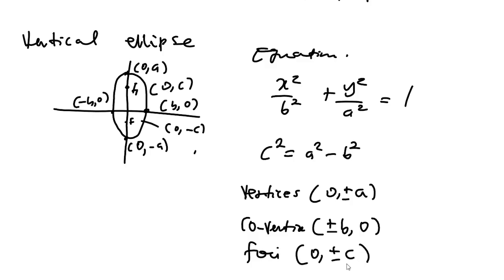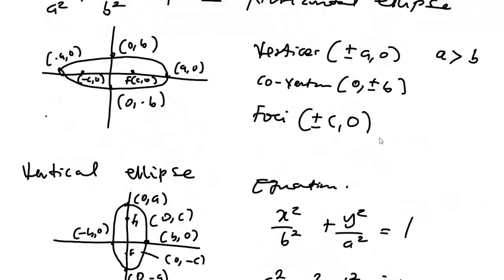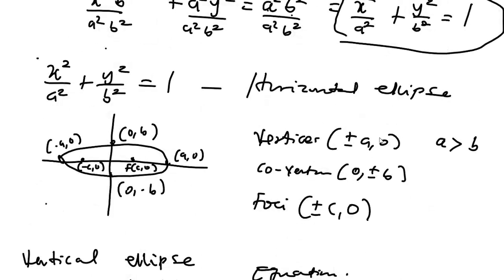C, because it lies on the y axis. And that is that. So when it's given in this form, note that A is greater than B. So we should consider that one too.